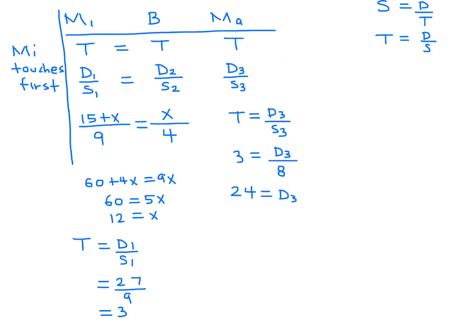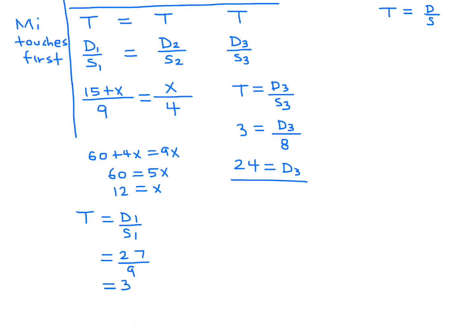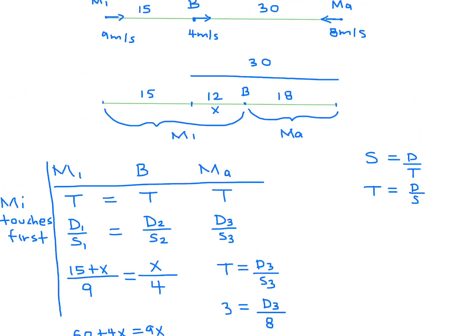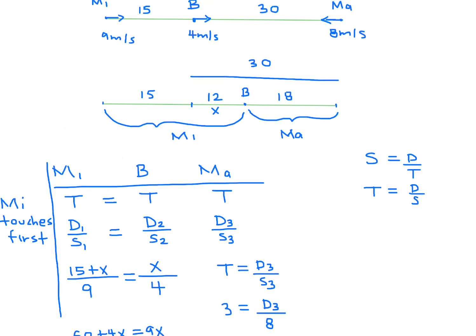But we're saying that Marcos traveled 24. If he traveled 24, he's going to be over here somewhere. And that means that he actually has already touched the ball. So that means that Michael does not touch the ball first. All right? So I really wanted to do that carefully and illustrate.